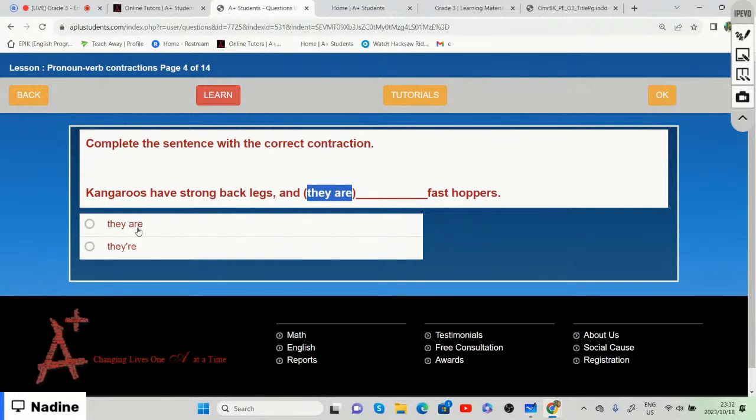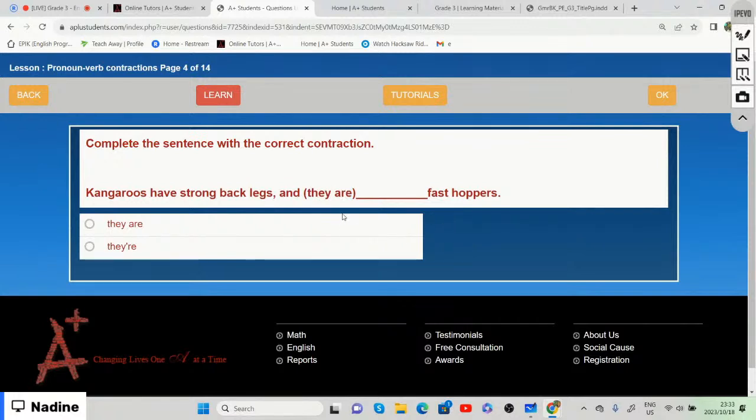Is it they are or they're? They, apostrophe, R E. All right.